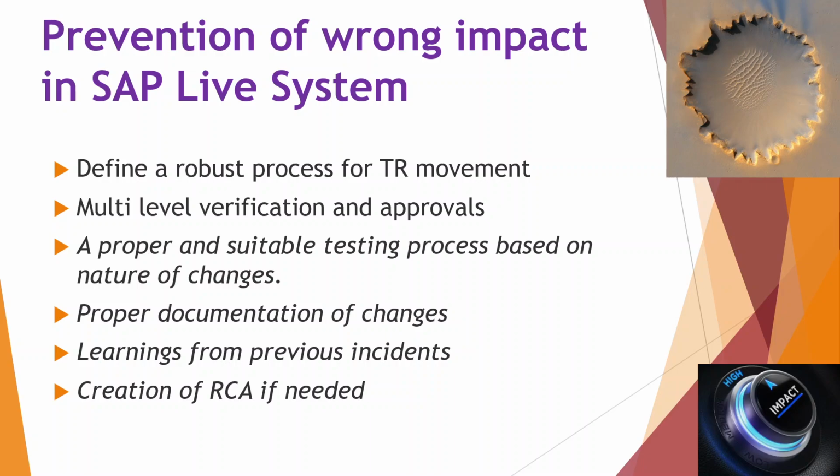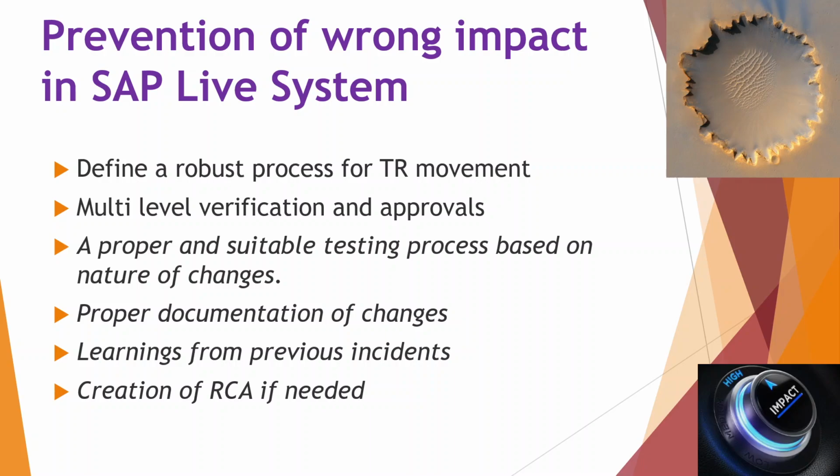And finally, in spite of taking all precautions, if the incident still happens, ensure that a thorough root cause analysis is conducted on the SAP system to find out what was the cause of the event which had happened, how the event unfolded, what you did to finally fix it, how it got sorted out, and what further steps you can take in order to prevent it happening in future.